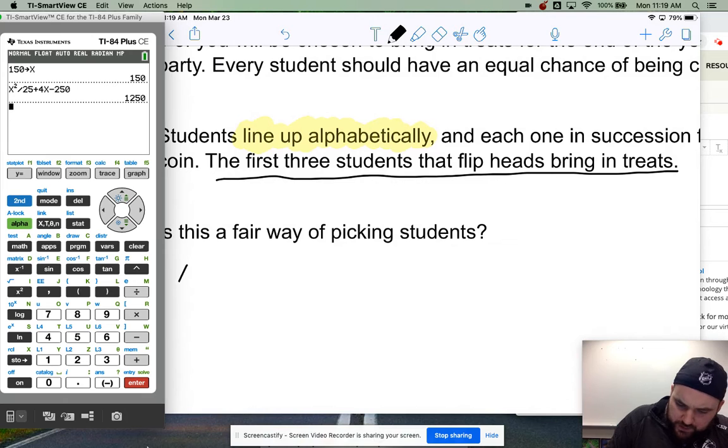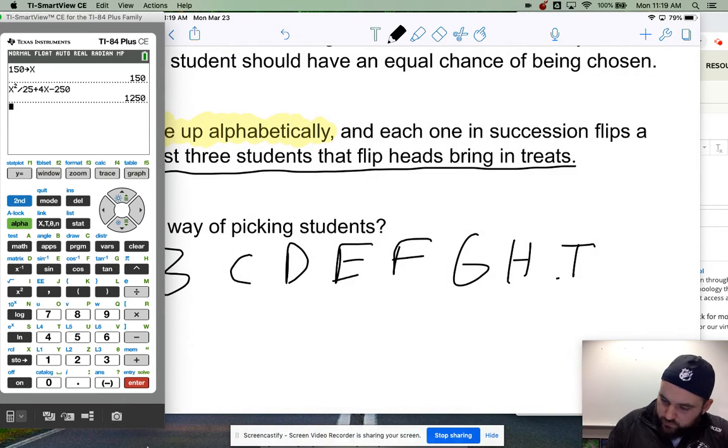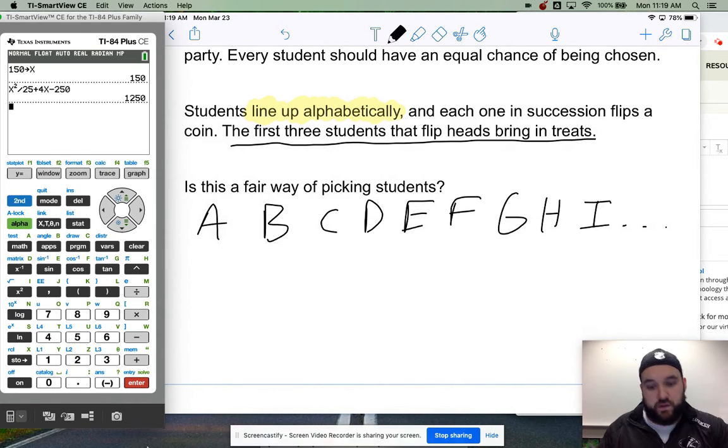All right, so if there's just one person with each letter in a classroom, E, F, G, H, I, what's going to happen is this person's going to flip a coin first, and then if they get heads, they have to bring in treats.